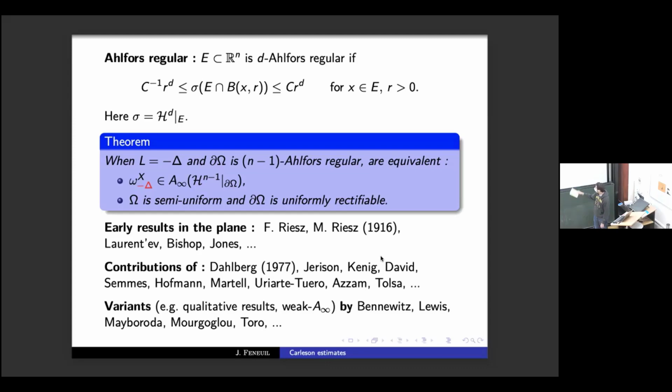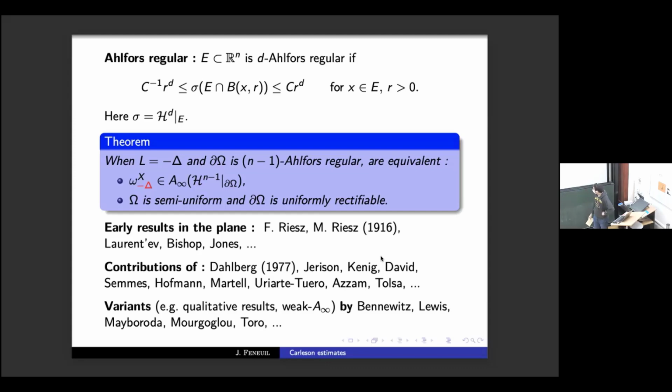And so for the optimal result, you have some intermediate results when the set is one-sided NTA, no, two-sided NTA.